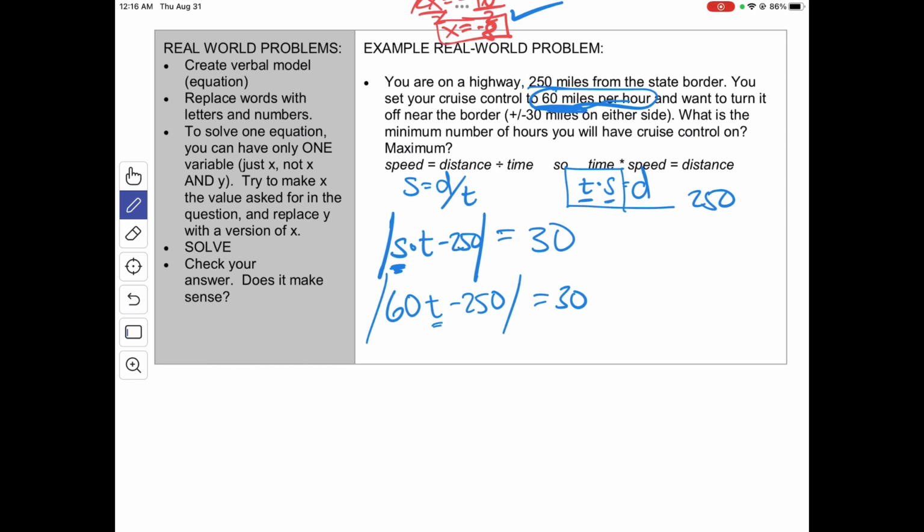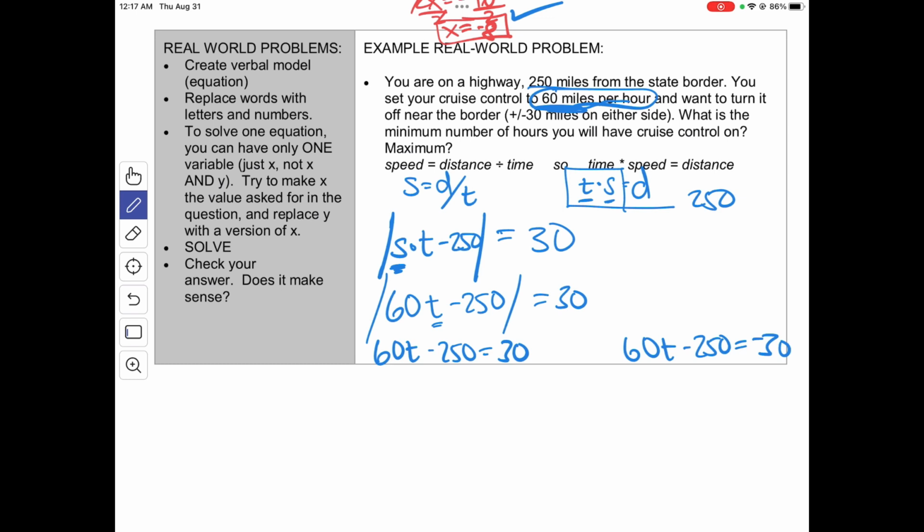I only have one variable, so it's ready to solve. I'll solve it by setting up my two related equations, one of them positive, one of them negative. So 60t minus 250 equals 30. And I'll also test 60t minus 250 equals negative 30. So let's solve these both now.